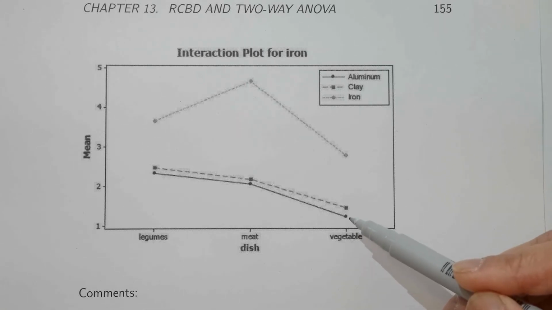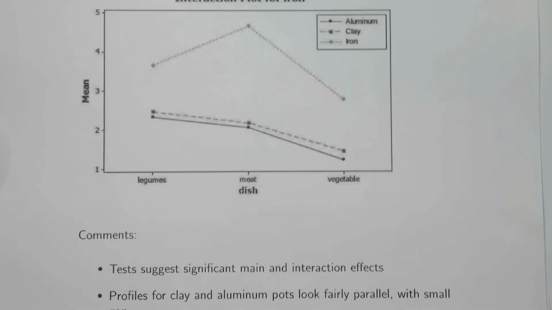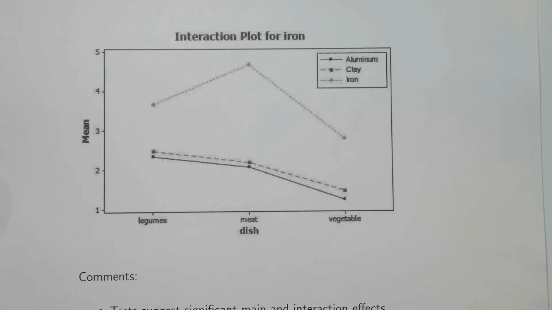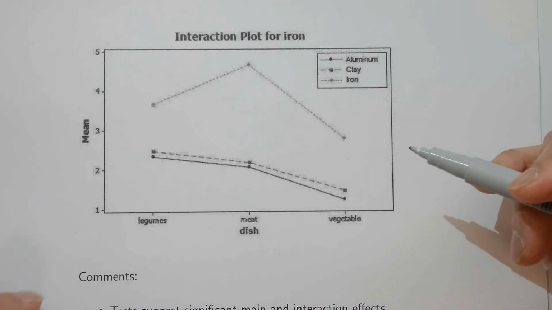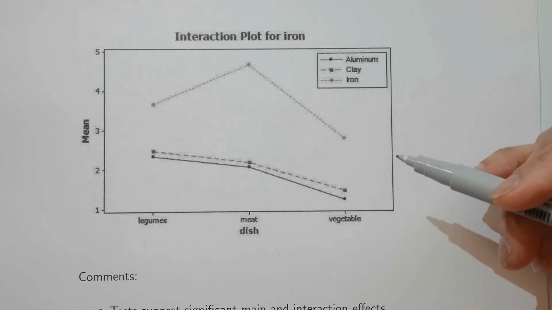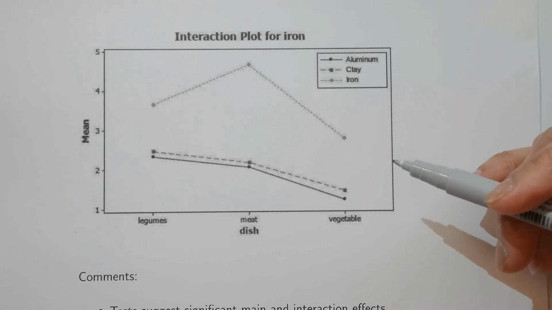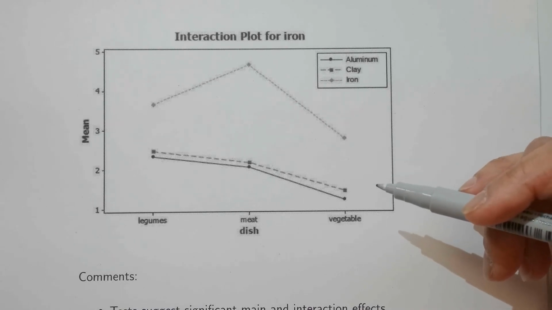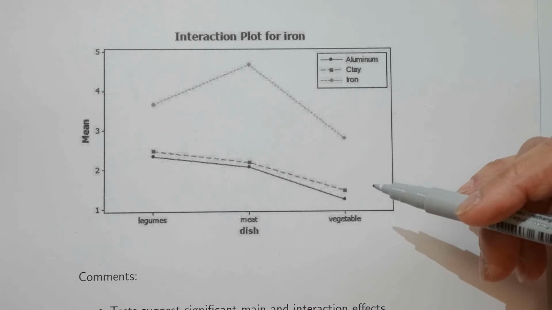I've listed a few comments here. What I'm going to do is go back and forth between the comments I make on the bottom of the slide, as well as, actually, you have the comments, so you can perhaps read through them while we discuss this. So, our test suggested that there were significant main and interaction effects. We just didn't know what those were.